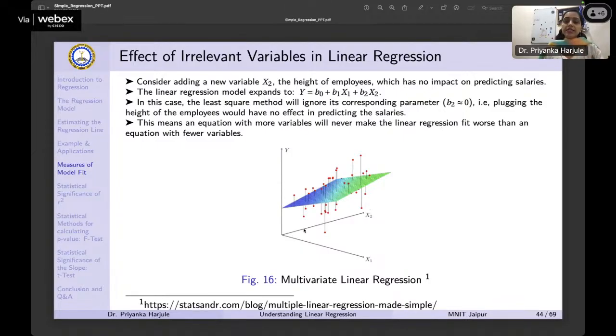And in this case, instead of a line, you will have a plane as the best fit to the variables. So least squares automatically assigns low weights to the variables that don't contribute, and this makes the model very reliable. This doesn't mean that we keep on adding irrelevant factors also, because it adds to the model complexity and the computational cost.